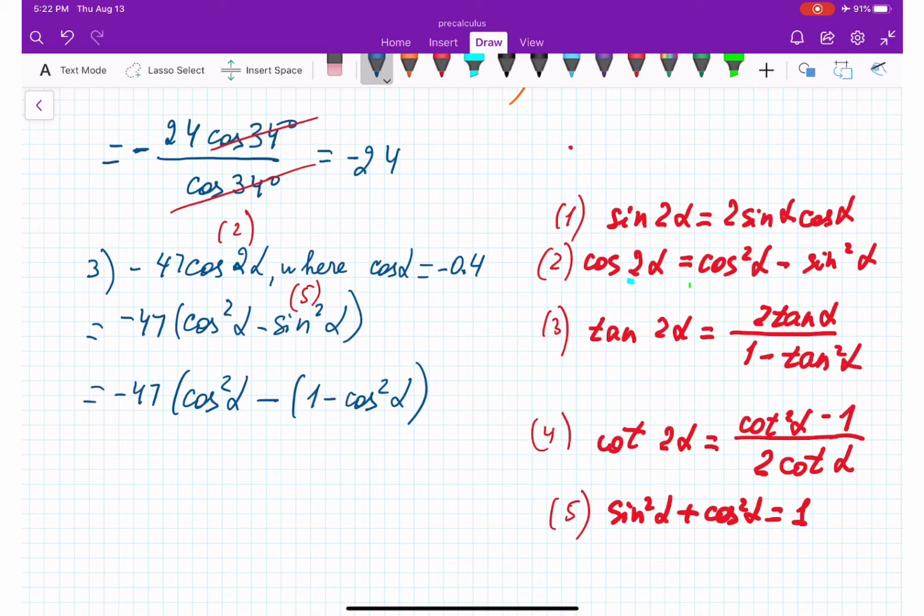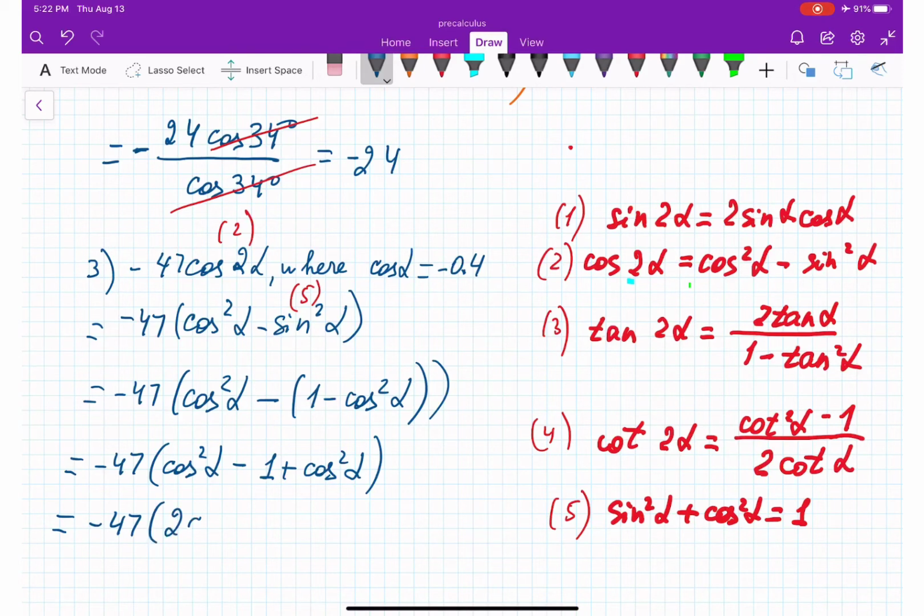All right, so from here, if I open parentheses, negative 47, I will get cosine squared alpha minus 1 plus cosine squared alpha. And we are getting negative 47, 2 cosine squared alpha minus 1. Yes?